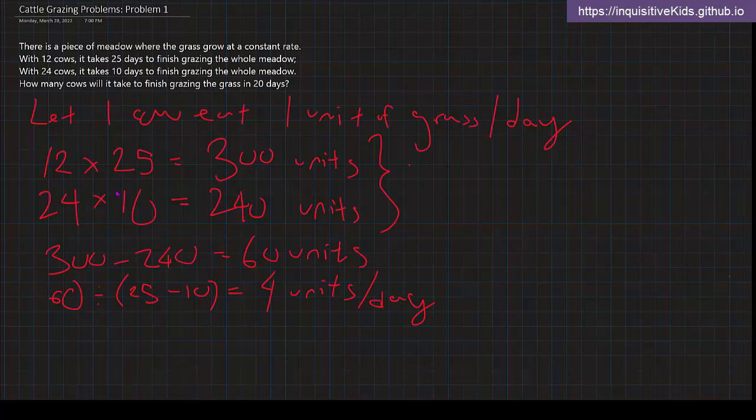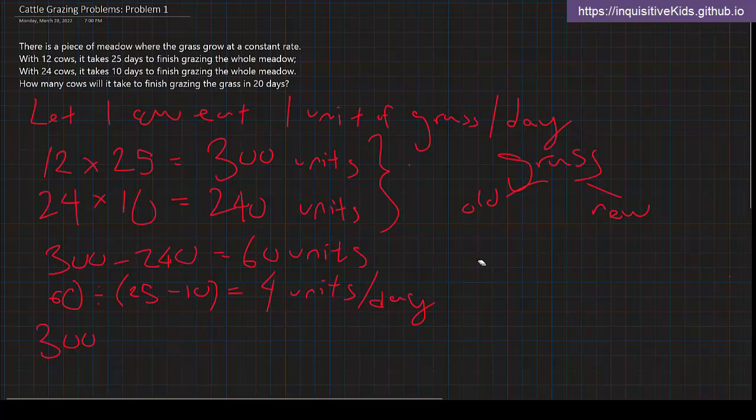Then pick any equation. I'm going to pick the first one. And we're going to split the grass into two sections. One type of grass is old, the grass that was already there when the cows started grazing, and the new grass is the amount of grass that grew while the cows were grazing.